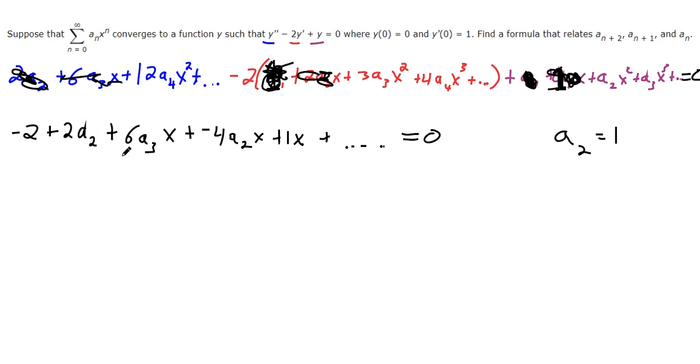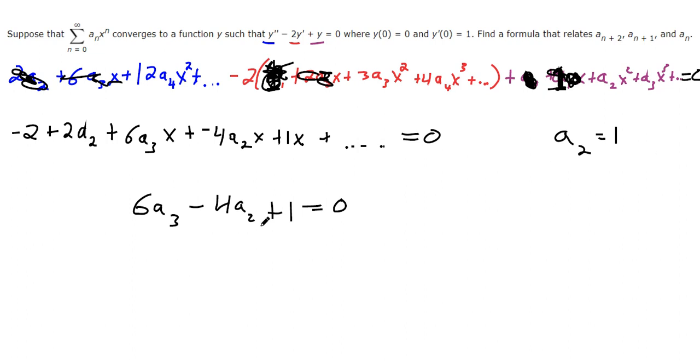You can use the same type of logic here. Everything has to cancel out. These are the only like terms because these are the only terms that have x in them. So we need the 6a sub 3 plus -4a sub 2, I'm saying to the second power, sorry. 6a sub 3 subtracted by 4a sub 2 plus 1. That also needs to equal 0.